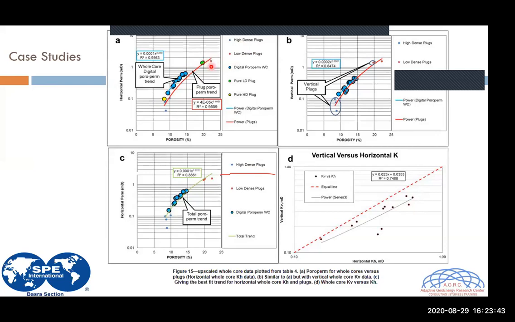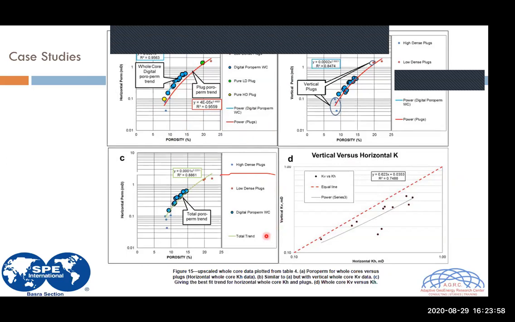So you can see here in red low dense materials, in blue high dense materials, and then we can plot this correlation between them like a trend. We can perform this for the vertical or horizontal permeabilities, and also between horizontal permeabilities results, try to correlate both of them as well.